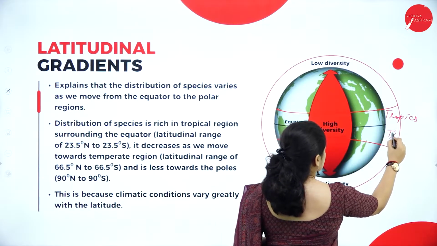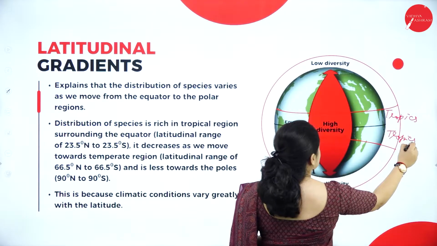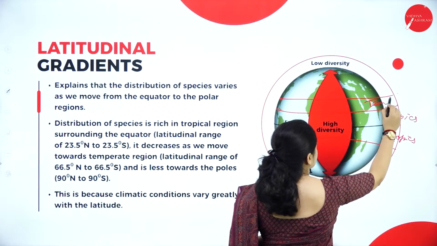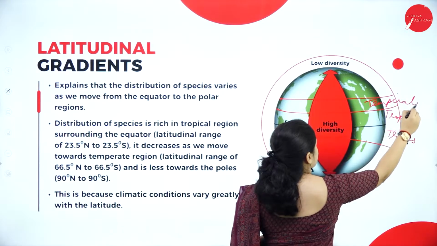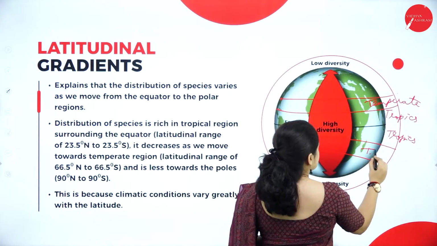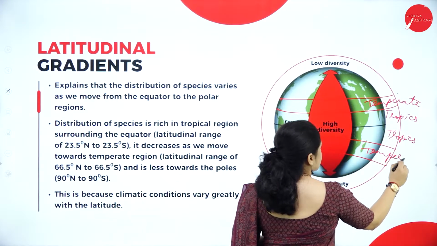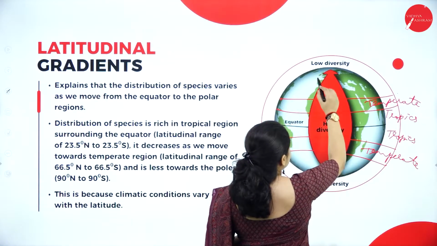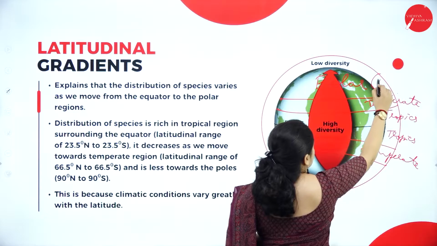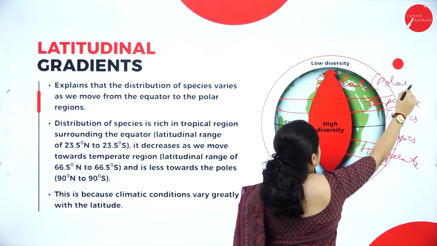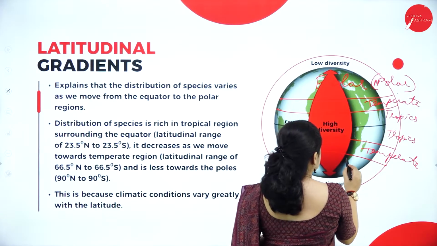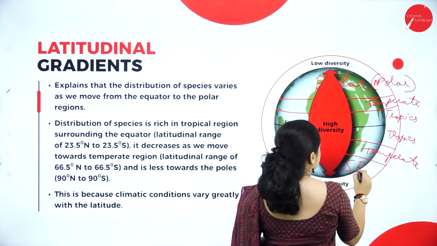We have the tropics, then comes the temperate region. So temperate region again here towards the north, towards the south. Temperate region, and the last one is the polar. That is the polar region, the North Pole, and here again the South Pole.